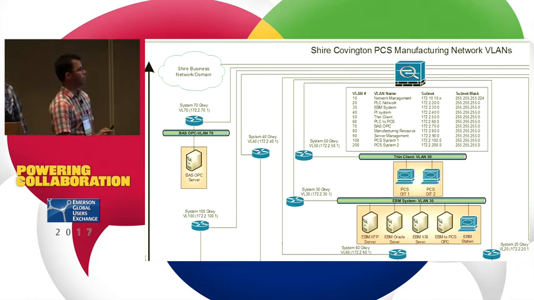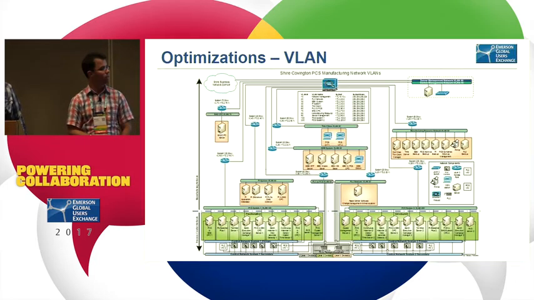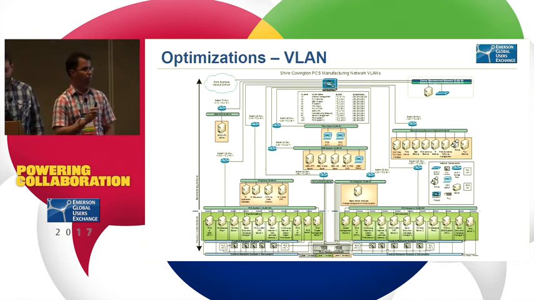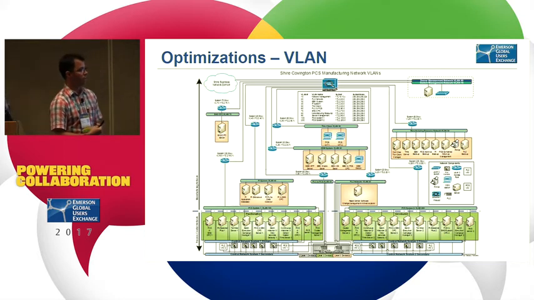So we have a total of approximately seven VLANs, which represent seven different systems that interface with the PCS system through just that one plant LAN connection, which is connected to the manufacturing network IT switches, which have one VLAN assigned. In that way, we have a big saving of networking devices.